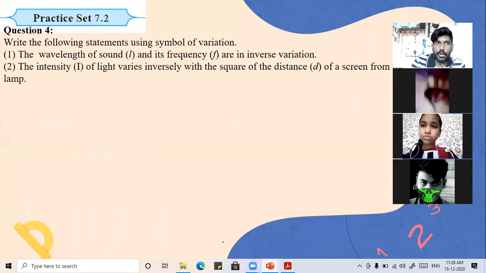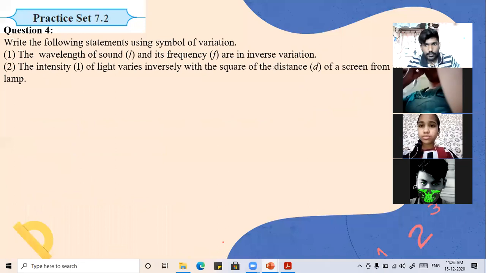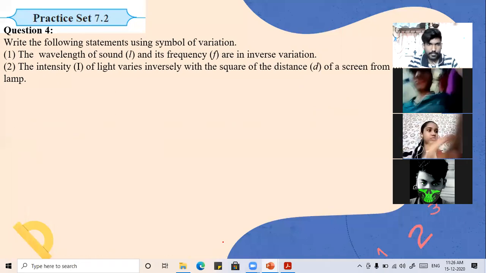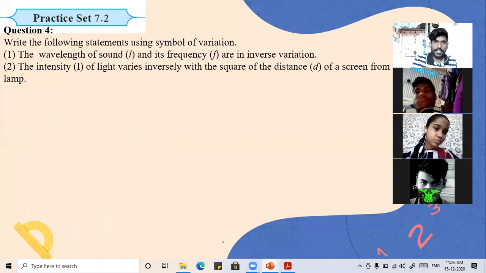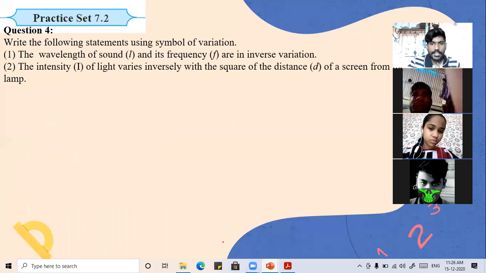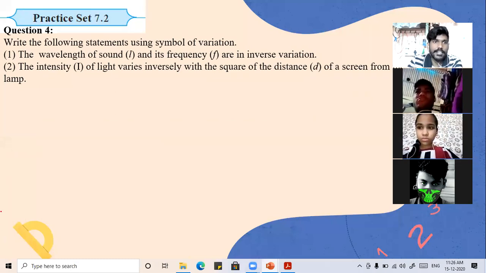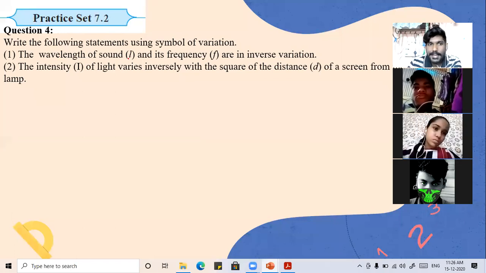This is the fourth sum of exercise 7.2. Write the following statements using the symbol of variation. This is the easiest one. The first one: the wavelength of sound, denoted by L, and its frequency, denoted by F, are in inverse variation.